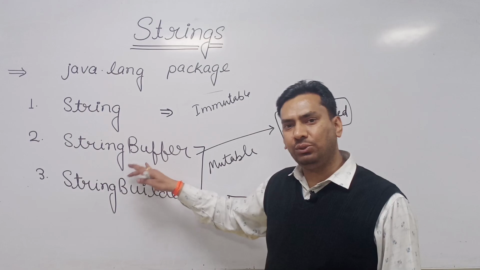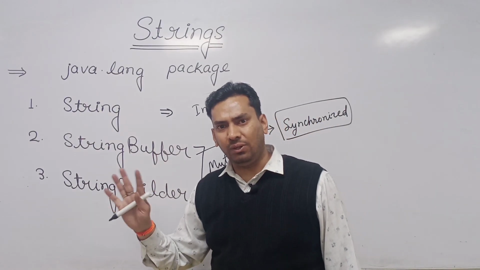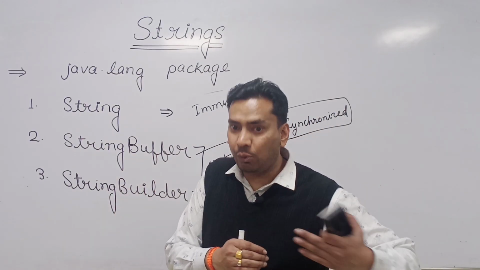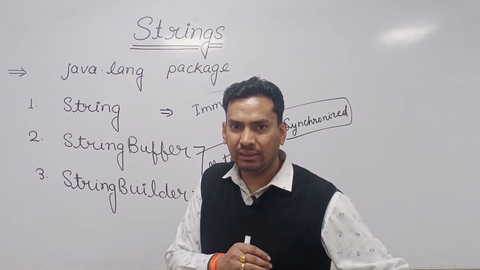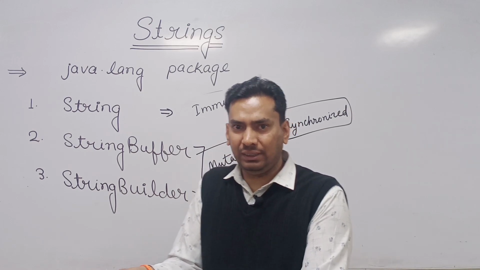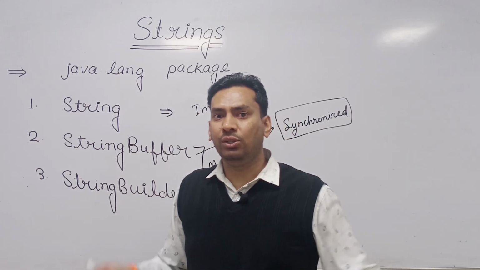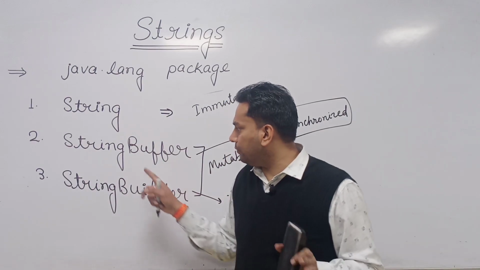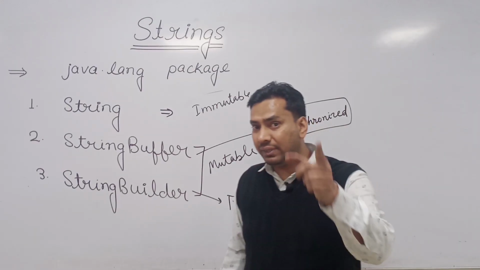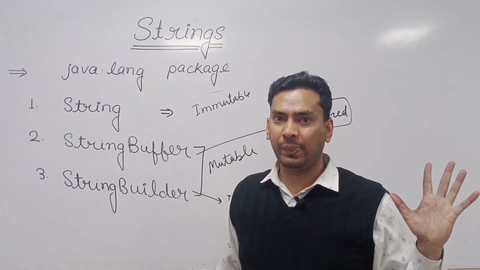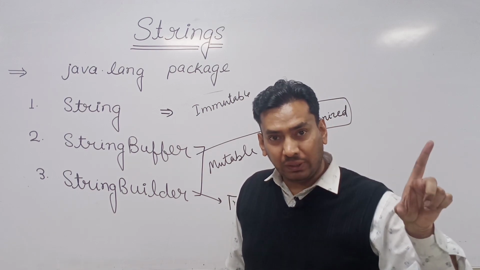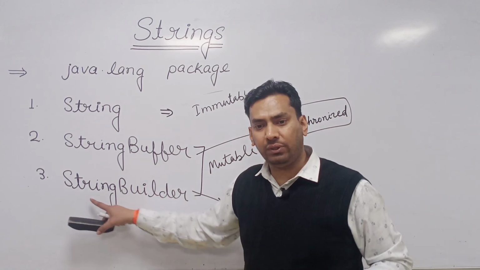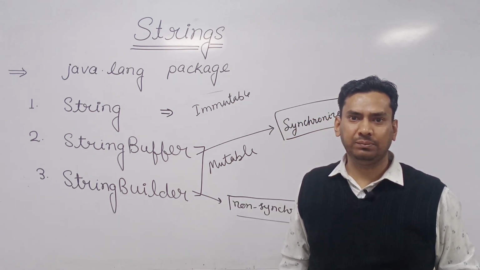So StringBuffer is using some semaphore for locking at the back end. It means it has some overhead. If it is implementing some other feature, then definitely there is overhead. So you should go for a StringBuffer only when you need synchronization. If you don't want synchronization, you will go for the StringBuilder.